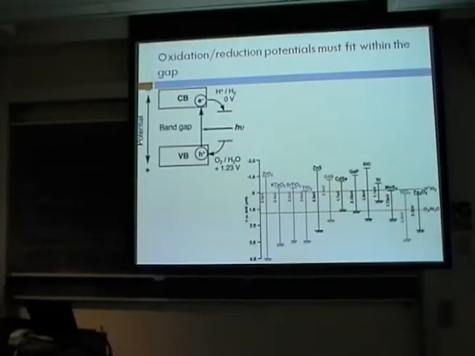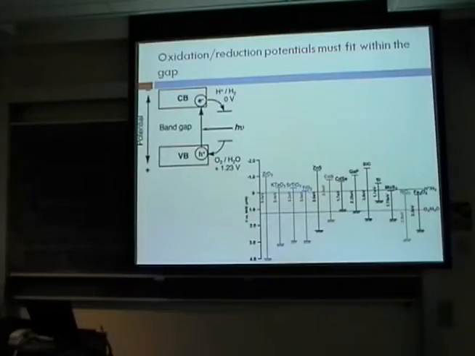Something like titania, that's probably the most studied material, its band gap is certainly big enough, but the bottom of the conduction band is just barely above the proton-hydrogen potential. So there's not a very strong driving force for this reaction, and so it's not a very good catalyst for this reaction.